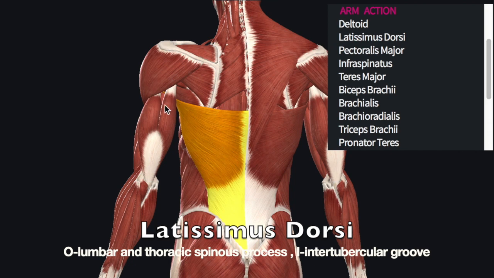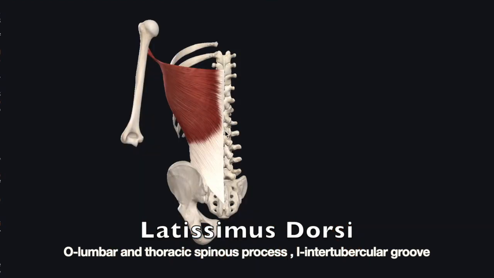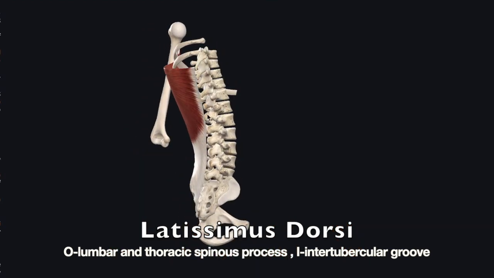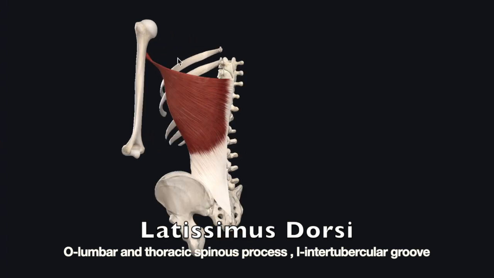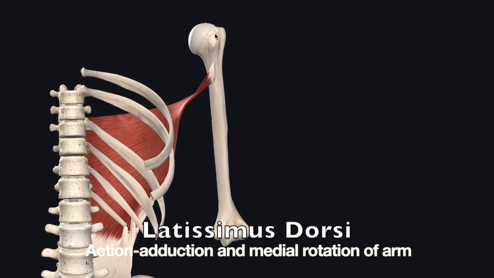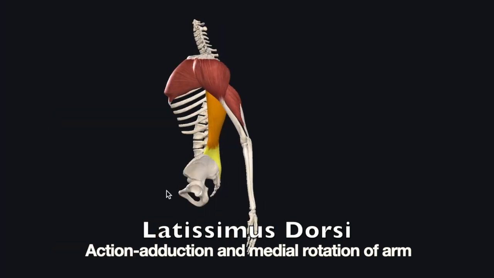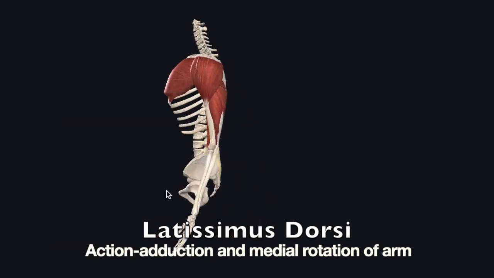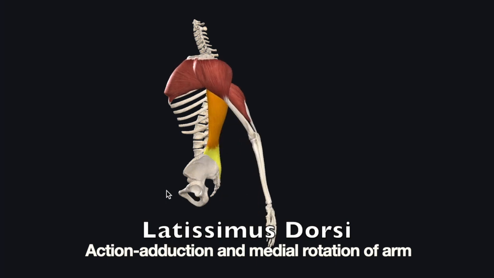The next muscle to look at is our Latissimus Dorsi here. And this is a fairly large triangular shaped muscle on the mid to lower portion of our back. Its origin is on the spinous process of our thoracic as well as our lumbar vertebrae and sacrum. And its insertion is just inferior to our lesser tubercle of the humerus on the anterior side. It is a powerful arm extensor as well as hyperextender of the arm.